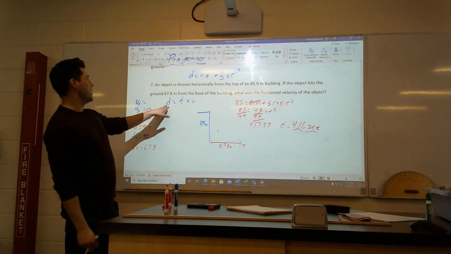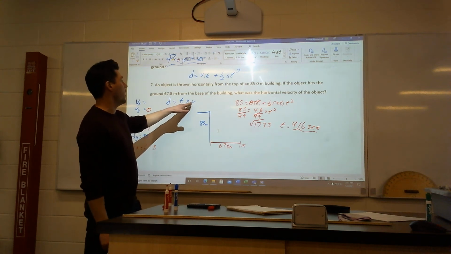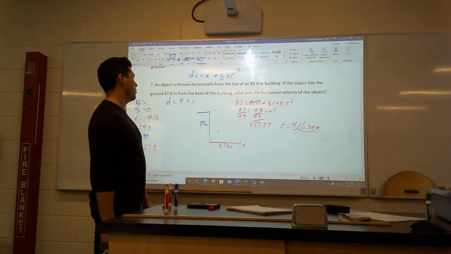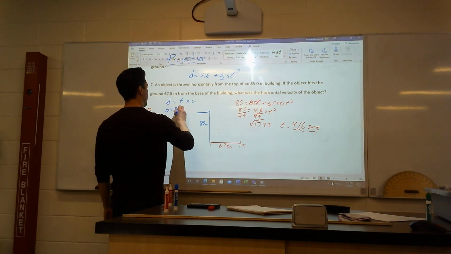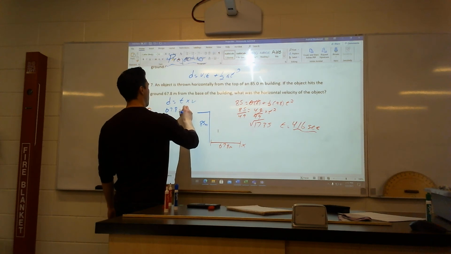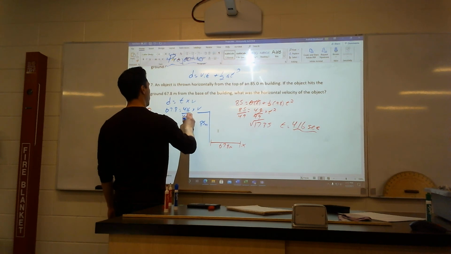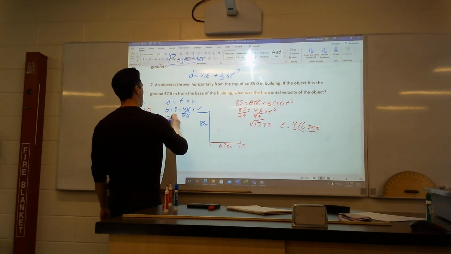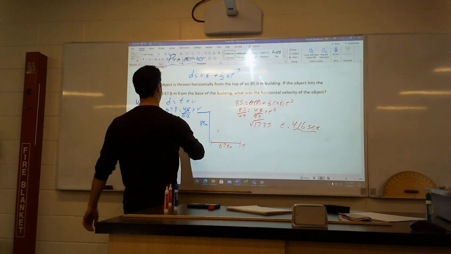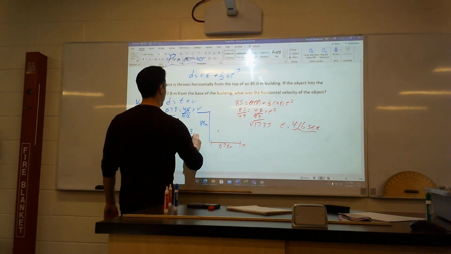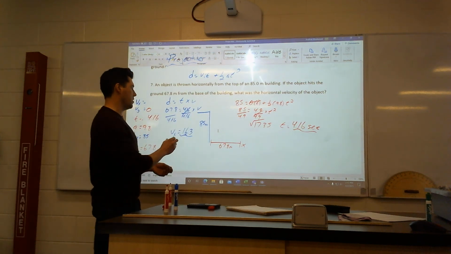I have the distance, 67.8, and I have the time, so I can figure out the velocity in the horizontal direction. 67.8 equals 4.16 multiplied by velocity, so divide, cancel out, and my Vx equals 16.3. Whoever this was threw the object off horizontally with 16.3 meters per second.